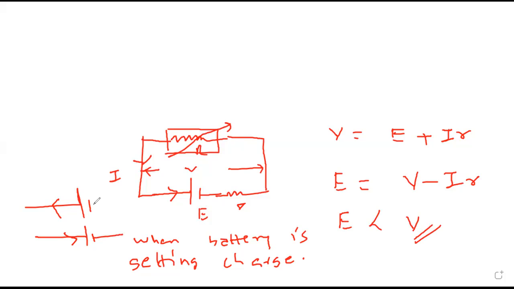So you have to remember these three cases. Battery is giving current, E is greater. Taking current, E is smaller. Neither giving nor taking, then both are equal.